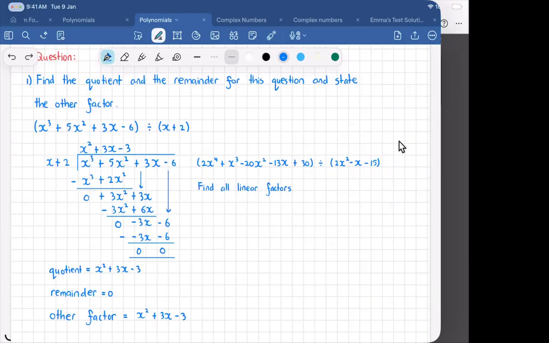Let me see what you have. 2x squared into 2x to the power 4 is x squared, right? 2x to the power 4 minus x cubed minus 15x squared, minus that 2x squared minus 5x squared, right? Bring down only minus 13x.